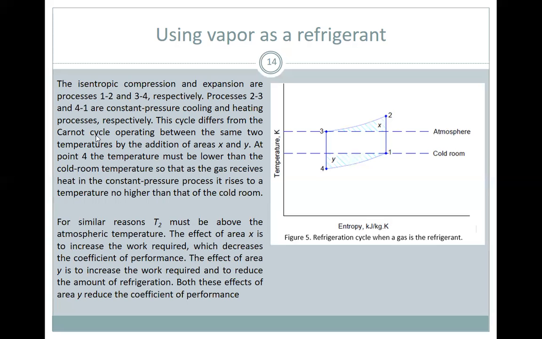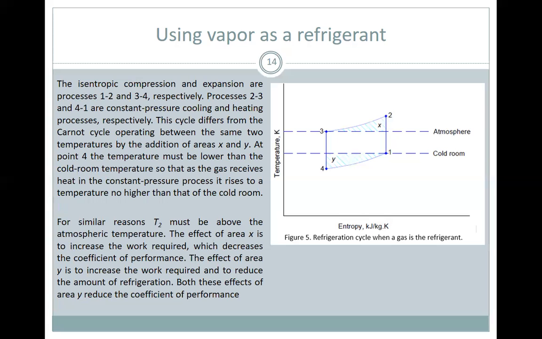This cycle differs from the Carnot cycle operating between the same two temperatures by the addition of areas X and Y. At point 4, the temperature must be lower than the cold room temperature so that as the gas receives heat in the constant pressure process, it rises to a temperature no higher than that of the cold room.